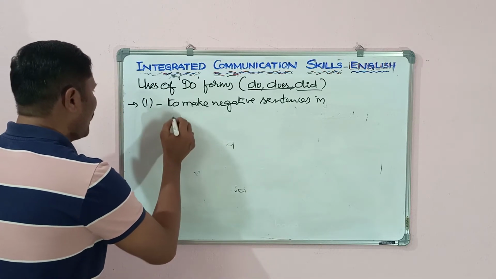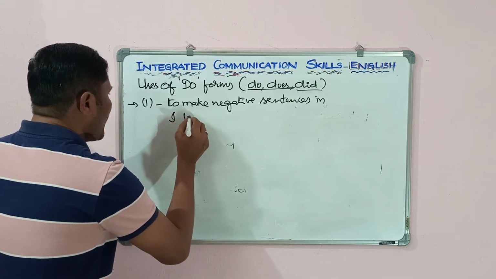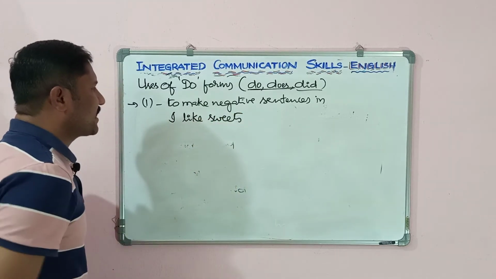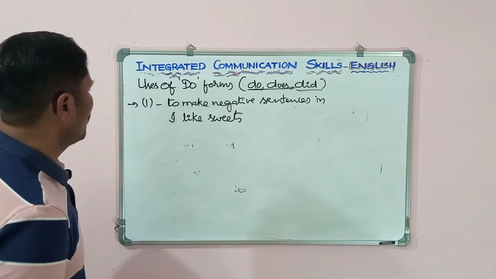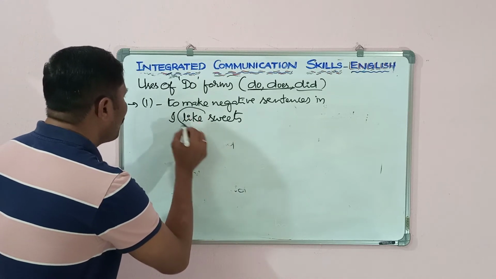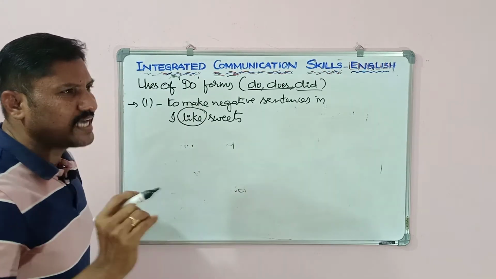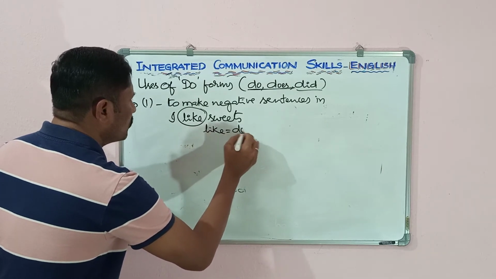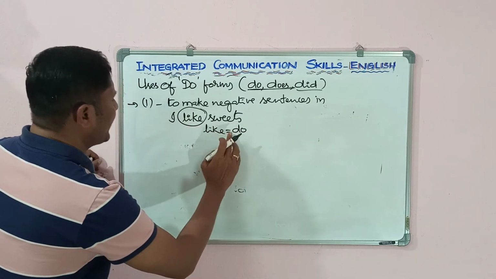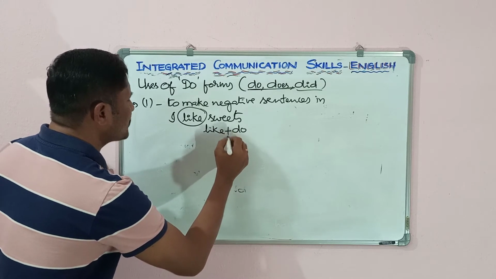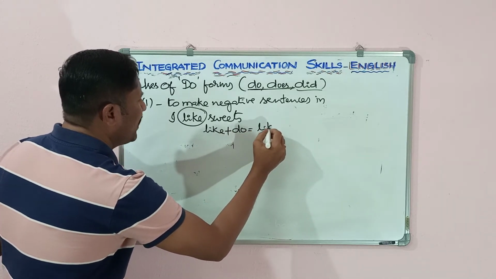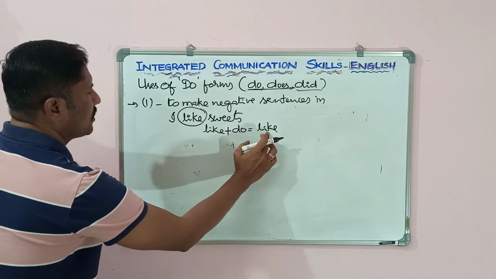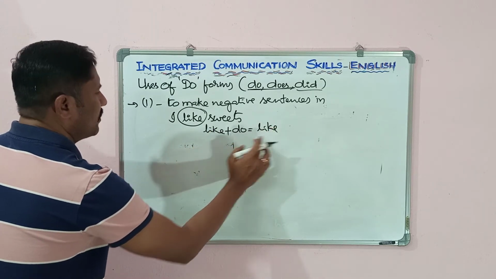First one: I like sweets. How do we make a negative sentence from this? What is the main verb here? The base verb is like. Do plus V1 is equal to V1, the present form of the verb.